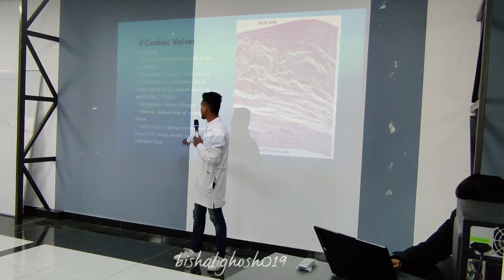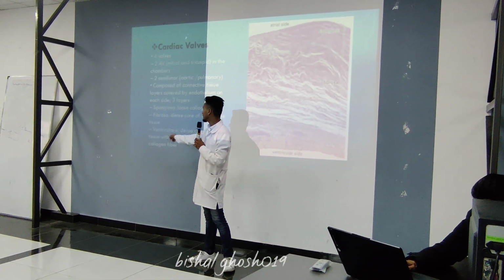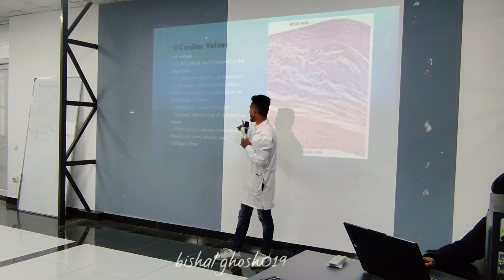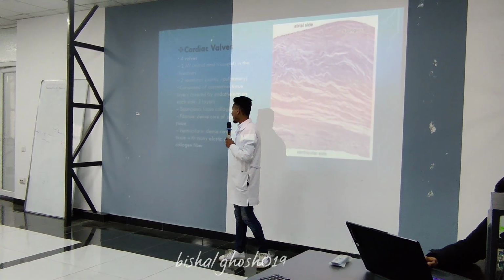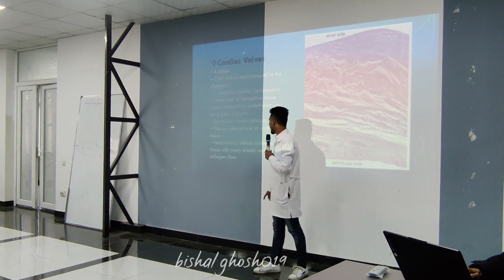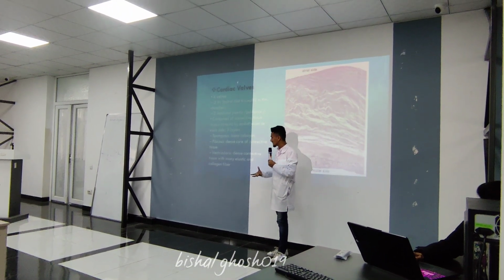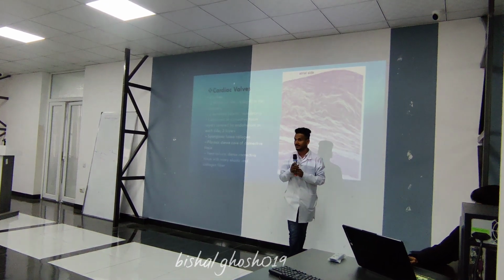The atrioventricular valves have loss of collagen and fibrosa, dense core of connective tissue, and the ventricles have dense connective tissue with mainly elastic and collagen fibers.